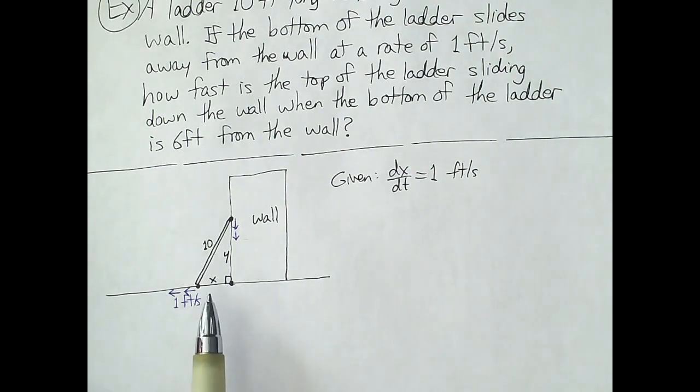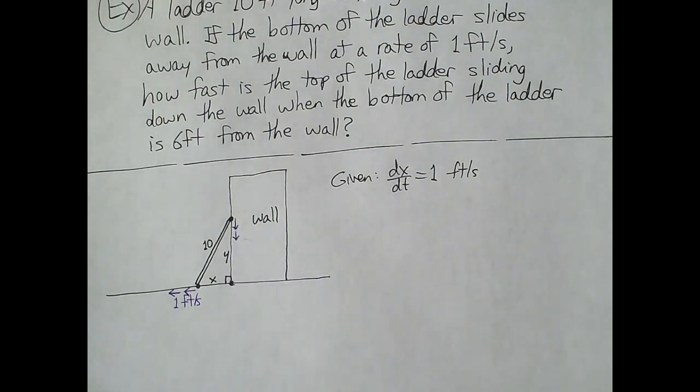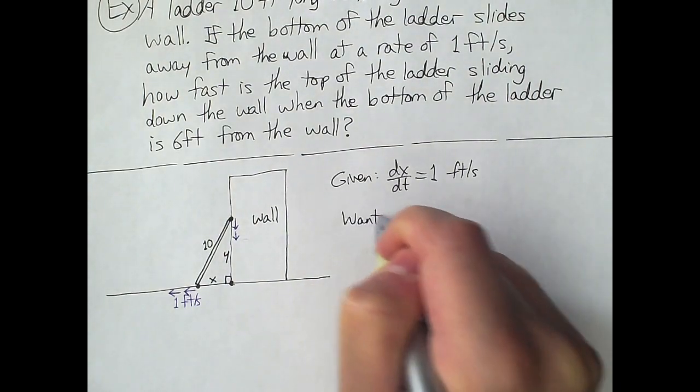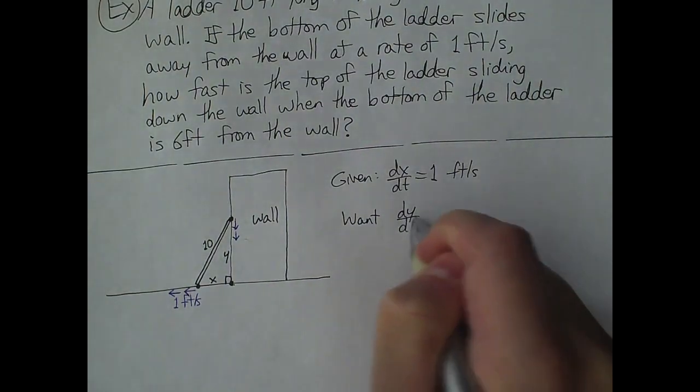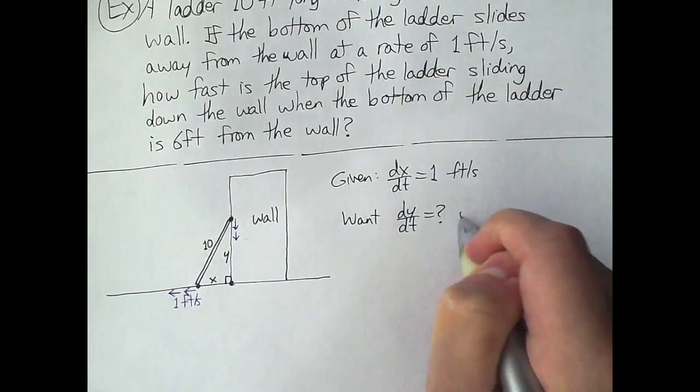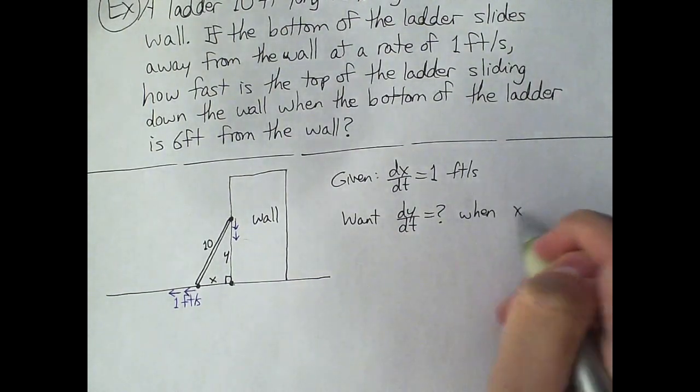Because I labeled this side length as X, and this side length of the triangle is growing. As this goes to the left, X becomes larger. Doesn't it seem like Y is going to become smaller? Anyway, we want the rate of change dy/dt when x equals 6.